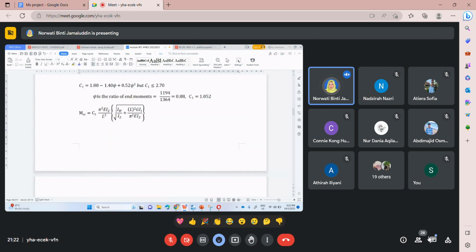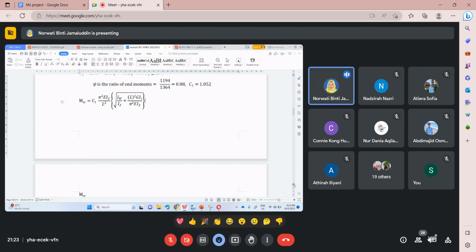Once you get that, you can put that value into this equation and work out the C1. Make sure that C1 is less than or equal to 2.5. If it is bigger, just take C1 as 2.5.